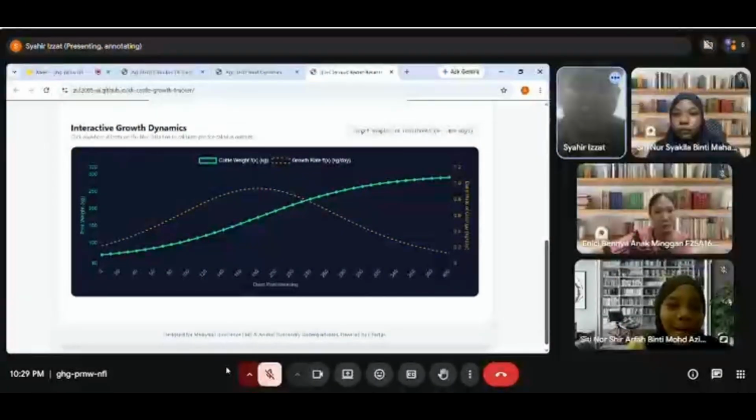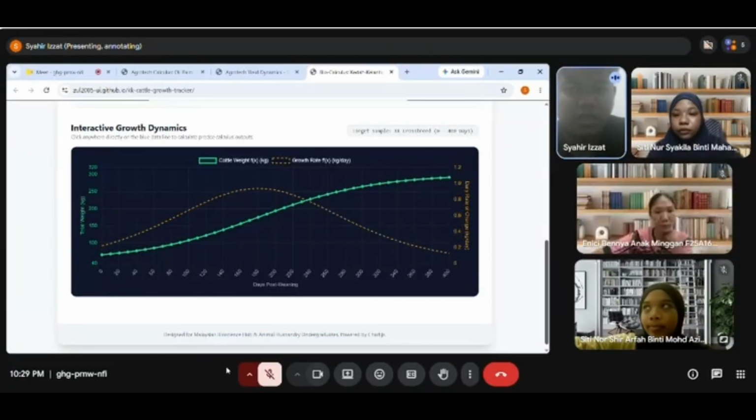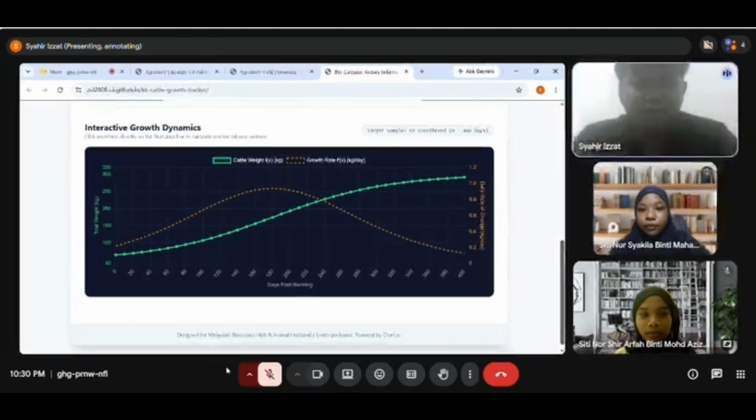By using calculus and finding the derivative f'(x), we can calculate the average daily gain, which represents the exact rate of growth on any given day. Crucially, this allows us to pinpoint the inflection point, the specific day when the animal's growth rate peaks.